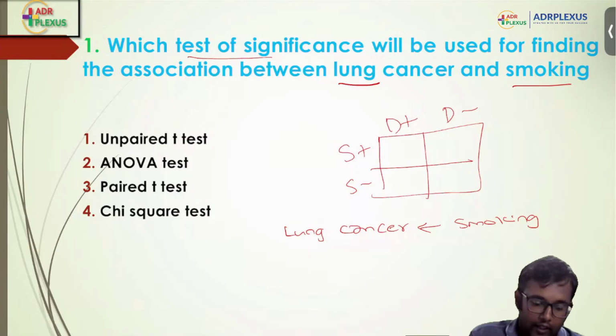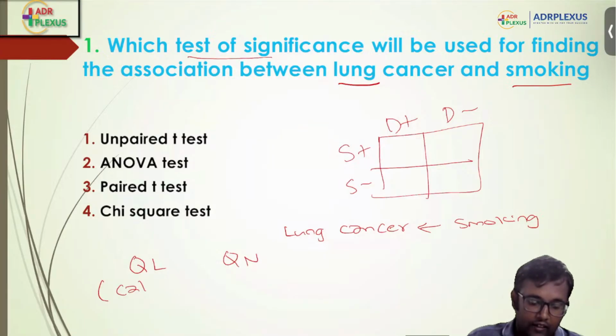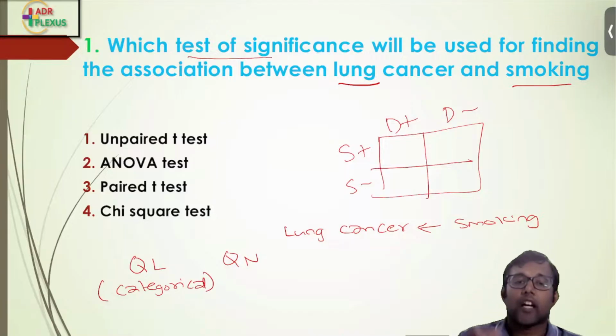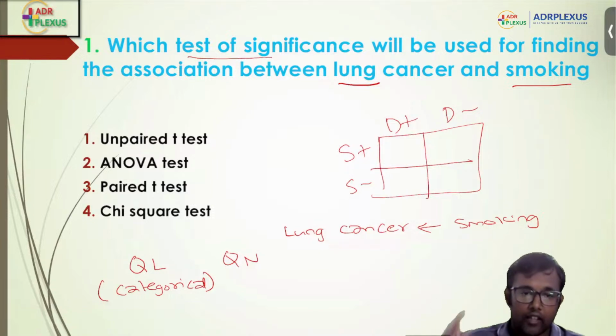First, we see what type of data it is, qualitative or quantitative. Qualitative means categorical. Categorical means names. See, Vijay is male, Trisha is female. Mild anemia, moderate anemia, severe anemia. Just with names, it is categorical.